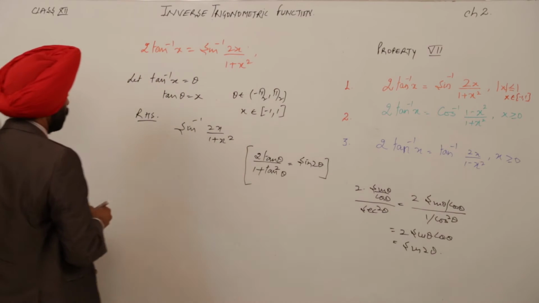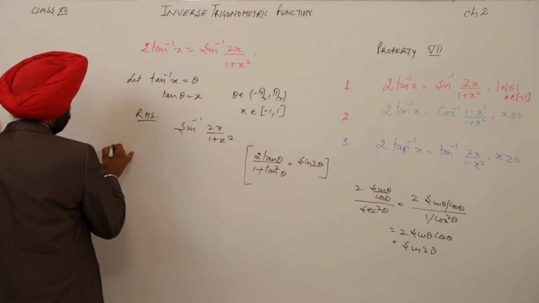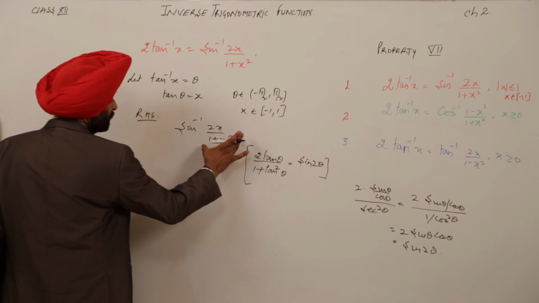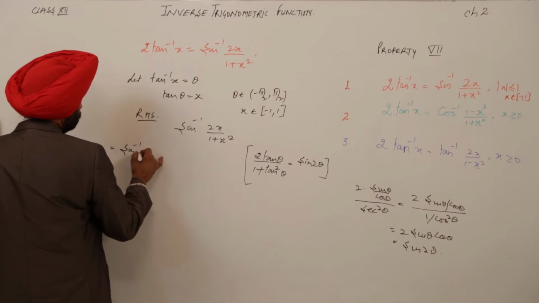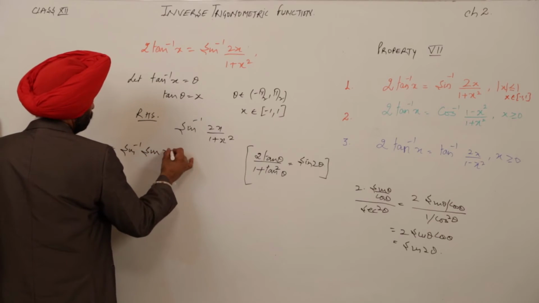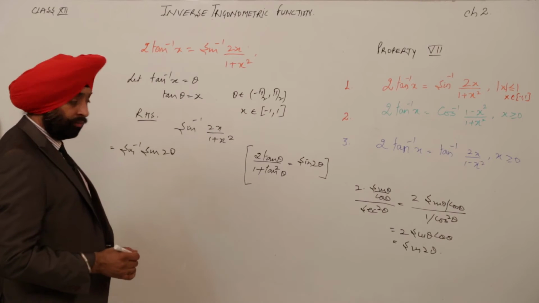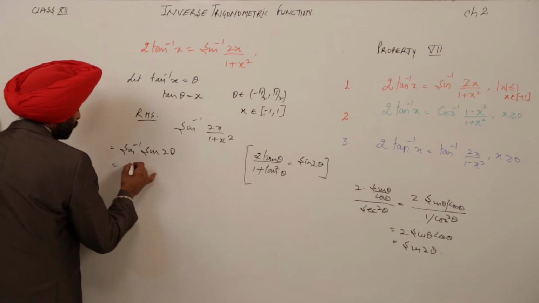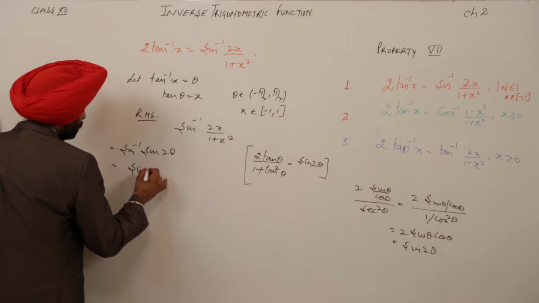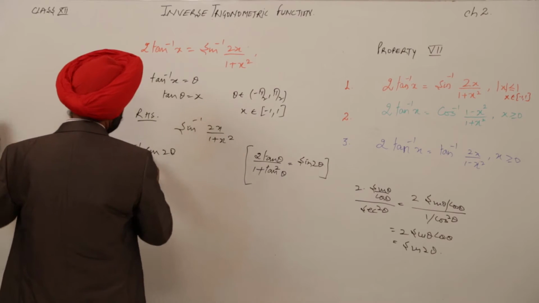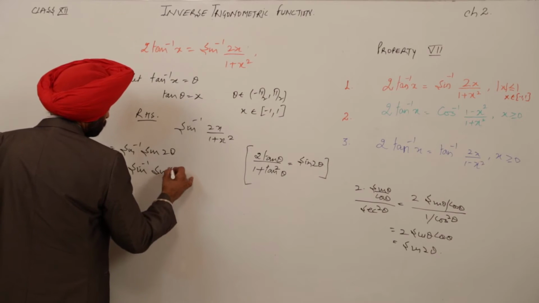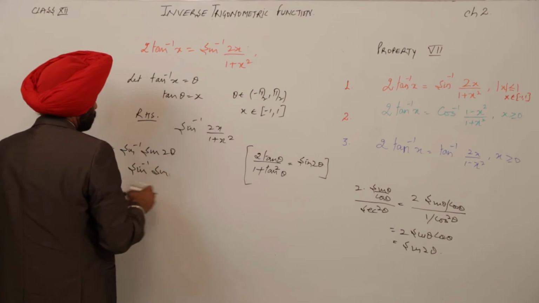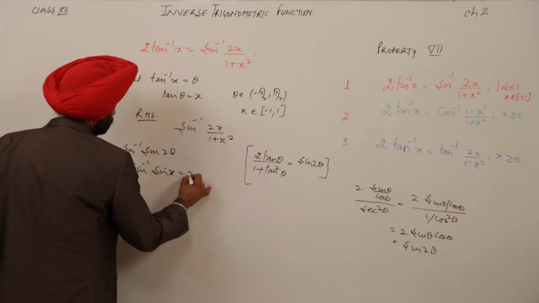Okay. So, basically for this part we can write it as sin inverse sin 2 theta. Now, by the definition of inverse, sin inverse sin x is equal to x.